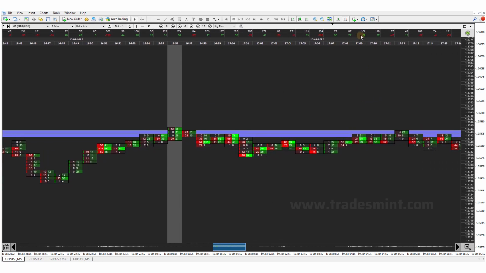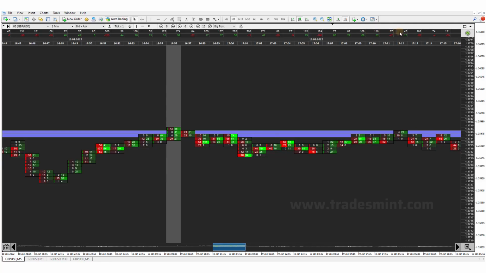It was 168 while retesting, 110 going down, 97 and 47. Perfect, right? The volume was decreasing. As you remember, I hope you remember from the intermediate part of the course, decreasing volume on some area, a smaller supply or anywhere, means a big probability of not breaking this area, this price level. So it is safe, yes.